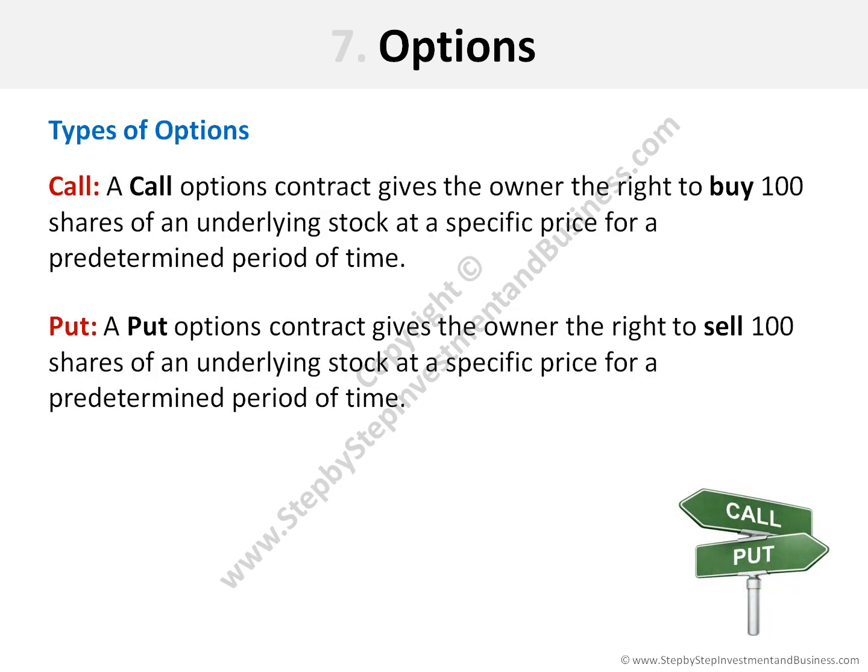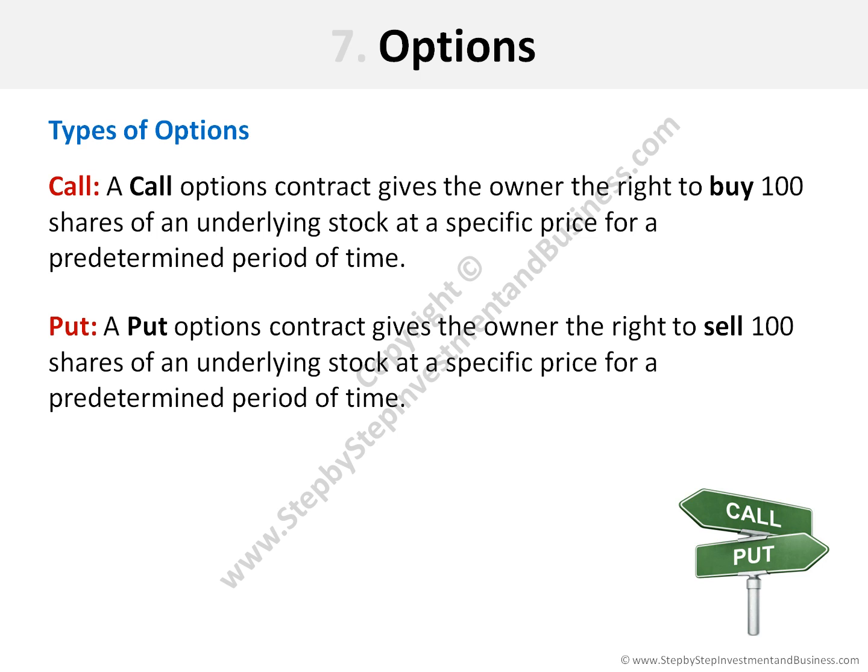Let's see the definition of the two types of options we have, call and put. A call options contract gives the owner the right to buy 100 shares of an underlying stock at a specific price for a predetermined period of time.